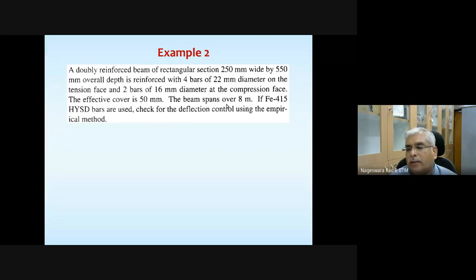So we need to take 20, but we need to apply a modification factor corresponding to tension reinforcement and compression reinforcement. We can read it from figures 4 and 5. Figure 4 is for the tension reinforcement modification factor, figure 5 for the compression reinforcement modification factor. And wherever required, we need to read the curve which corresponds to Fe415. So let's read that one.